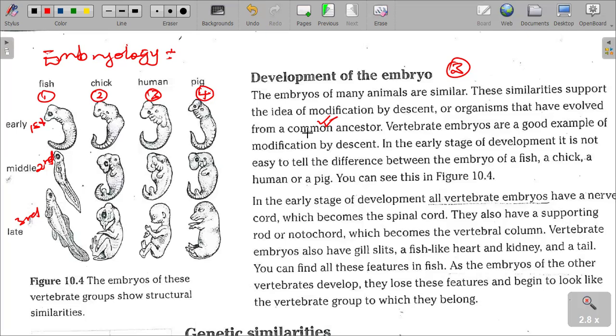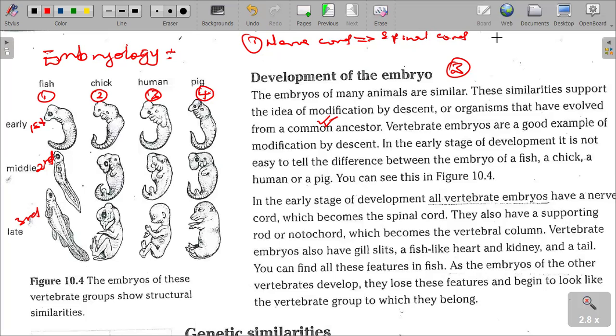In the early stage of development, all these embryos have a nerve cord. They all have similar structures. One, they all have a nerve cord, which will develop to become a spinal cord as the organism grows.